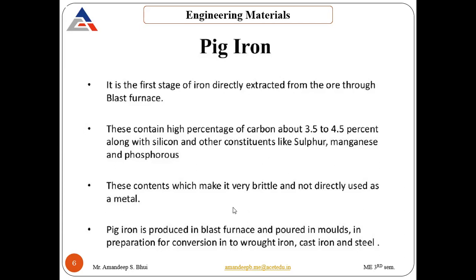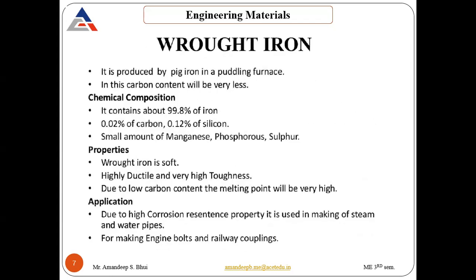So pig iron is produced in the blast furnace and it is poured in molds, and after this we prepare billets, which are used to prepare different materials such as wrought iron, cast iron, or steels. So pig iron is the first stage of iron extraction that is extracted inside the blast furnace.